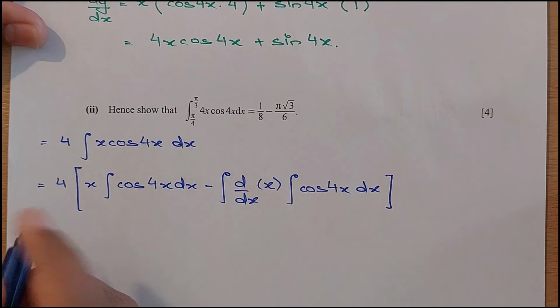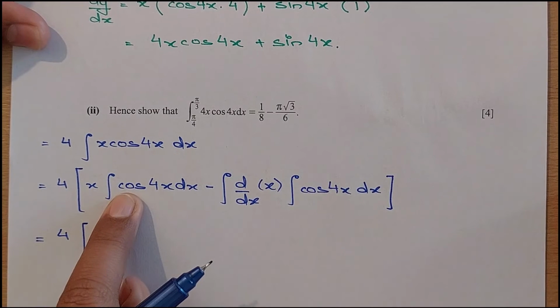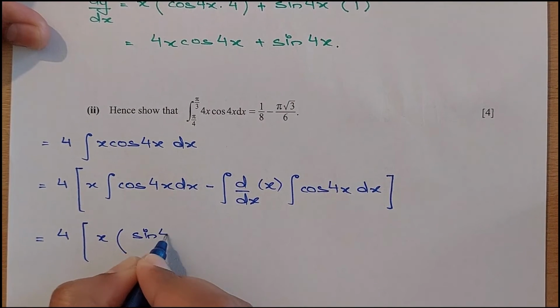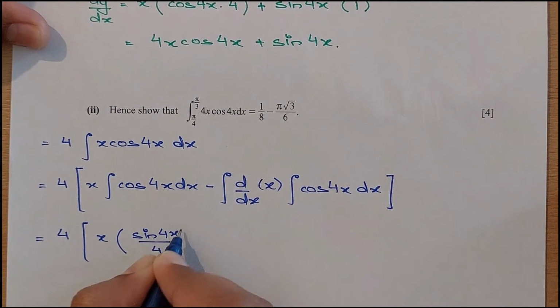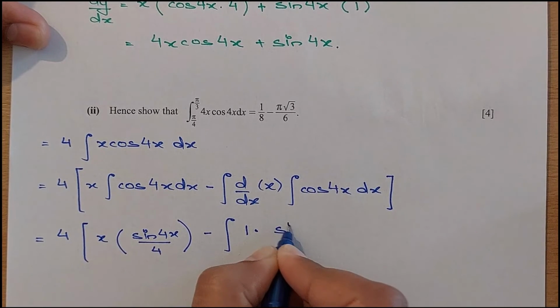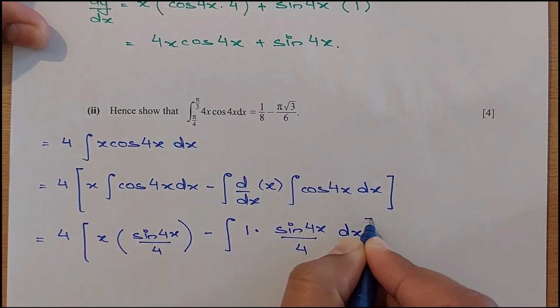Right, so now we have 4, and here we have x, integration of cos is positive sine. So we have sine 4x divided by 4 minus integral, this is 1, and again sine 4x divided by 4 dx.